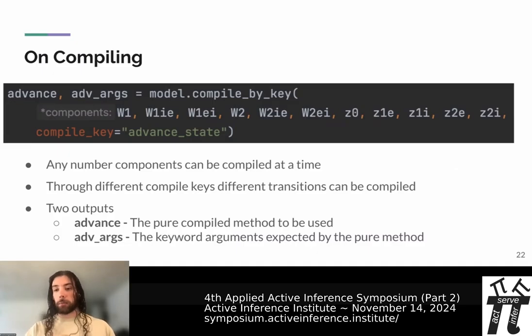If we think back to the composition of functions of everything together, it will go W1 goes through its advanced state, and then W1IE goes through its advanced state, and then W1EI goes through its advanced state, and it goes down the list. Now, obviously, if we reverse this whole list, that will change the output. It won't change what it's really doing, but the order that the advances happen in does matter, and it is dependent on the order that we find here.